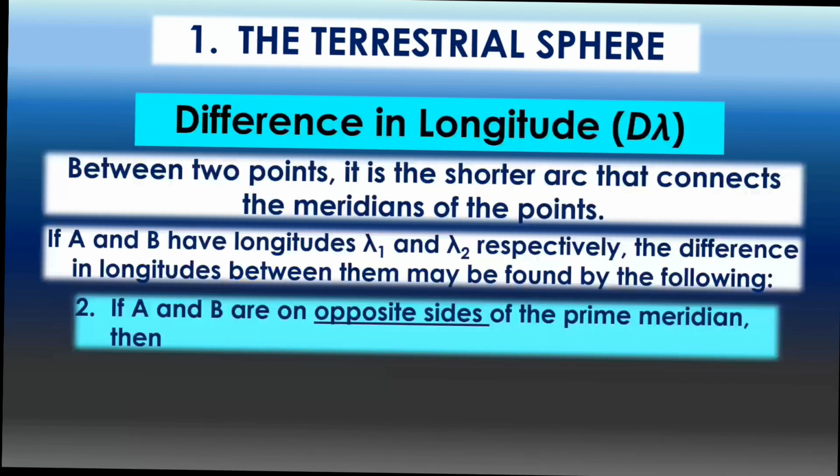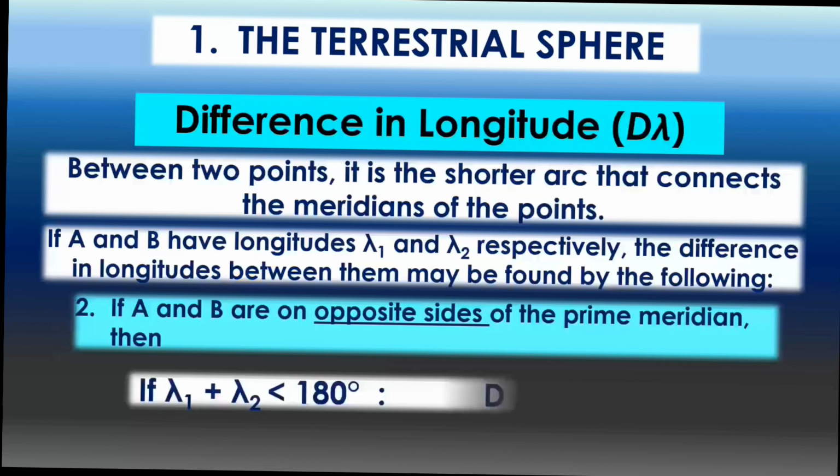Number two, if points A and B are on opposite sides, so one is on the east and the other is on the west, you need to add the two longitudes. After adding, check if the sum is less than 180 degrees. If it is less than 180 degrees, the difference in longitude is the sum already.